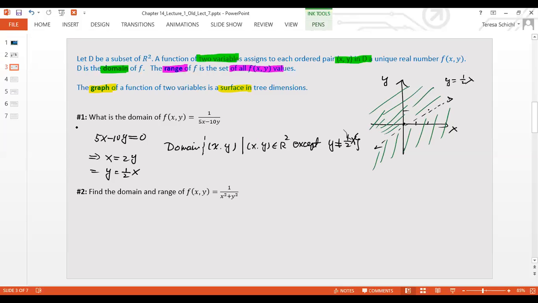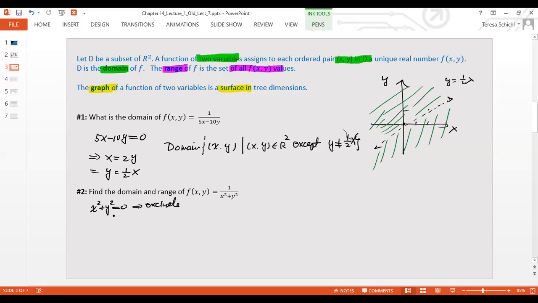Okay, let's take a look at the next one. Find the domain and the range of this one. The domain here is a fraction again, so the only thing we need to exclude is x squared plus y squared equal to 0. So x and y can be any number except these.